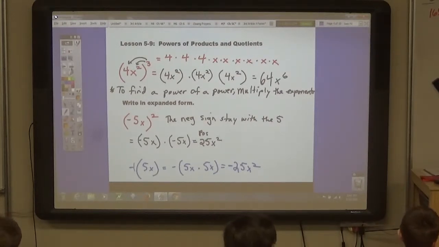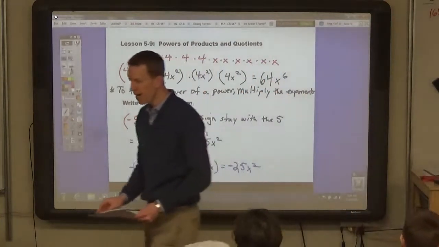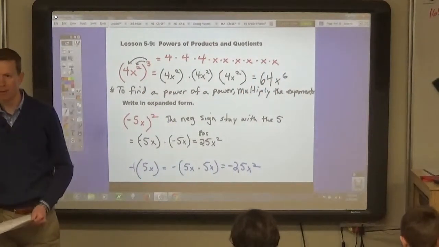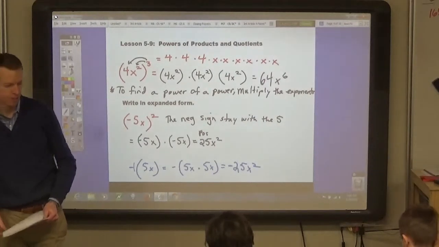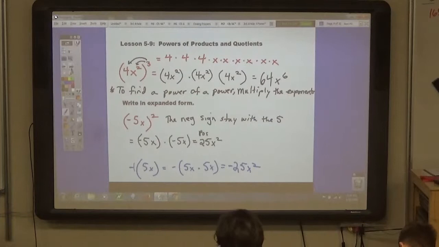Or do you multiply 3 times 2? You do 3 times 2. Okay? You multiply the exponents when it's a power of a power. So x squared to the third power is x to the sixth power.